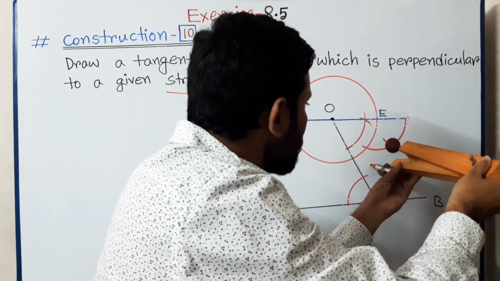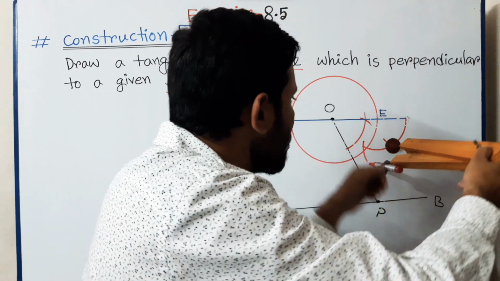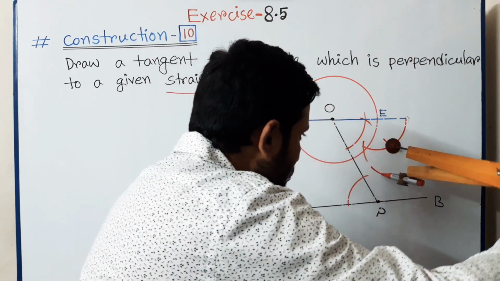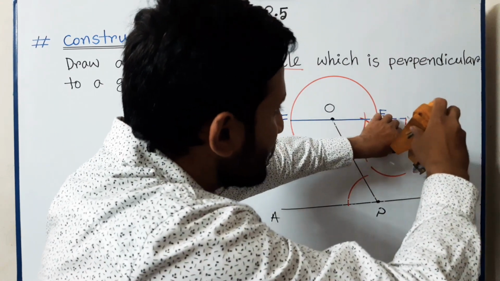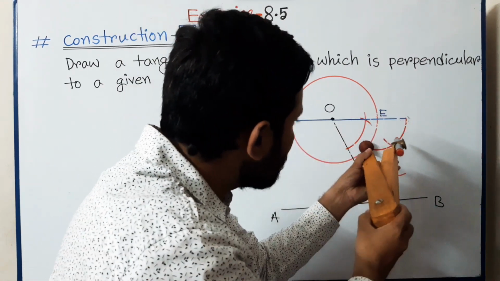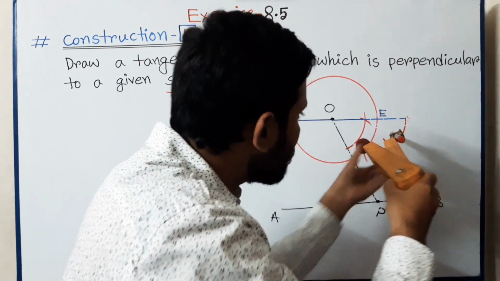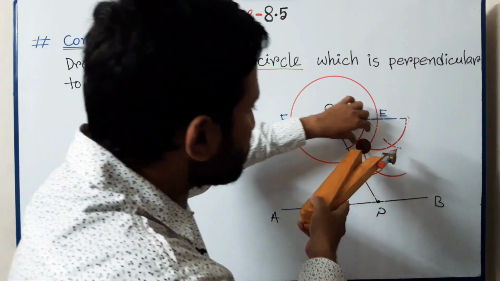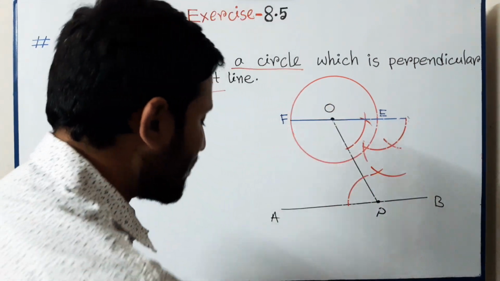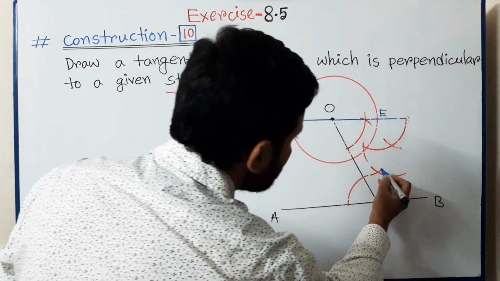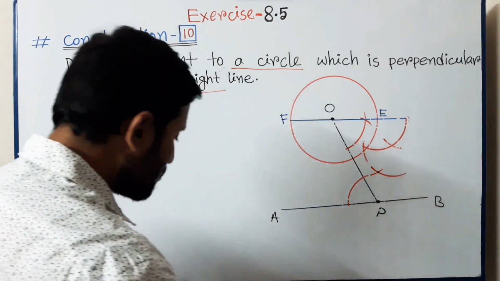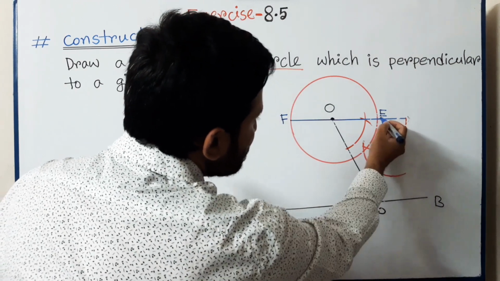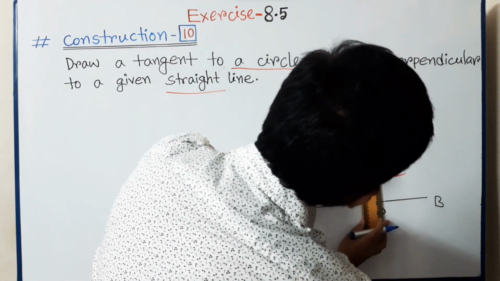Now with the same radius, draw another arc on the lower part. Again set the compass here and also draw the arc on the lower part. Here you see that two arcs intersect at this point. Now by using the scale, join the intersection of the two arcs and the point E, like that.